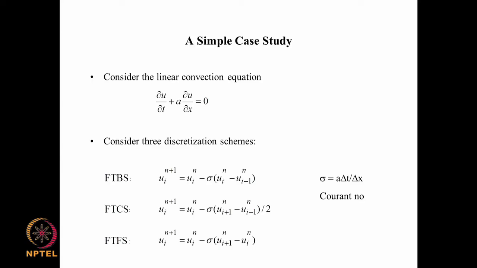And so what we are going to do in the next module is a proper analysis of the discretization that we obtain from these differencing schemes, and then we see what are the conditions in which we can get a proper solution.